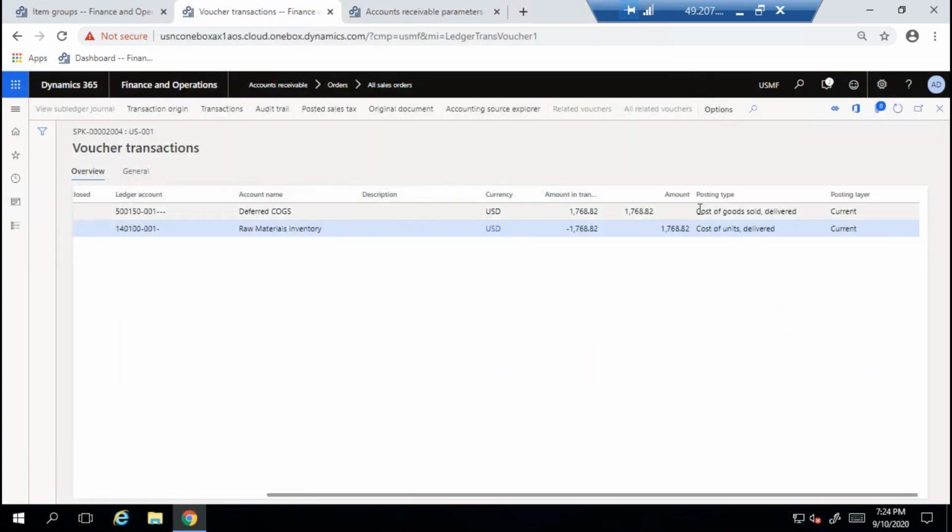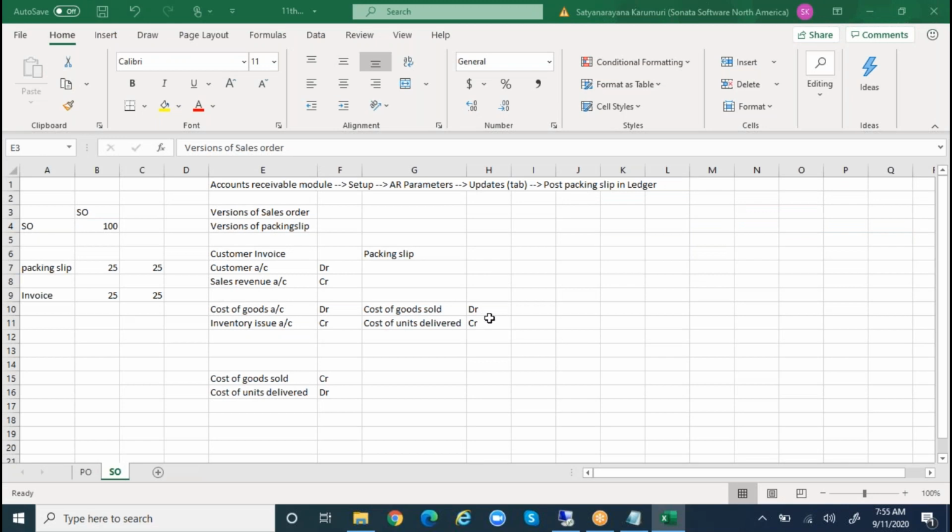It is cost of goods sold account debit to cost of units, and cost of units means inventory, credit. This amount was dispatched. Understood? This is a temporary account.